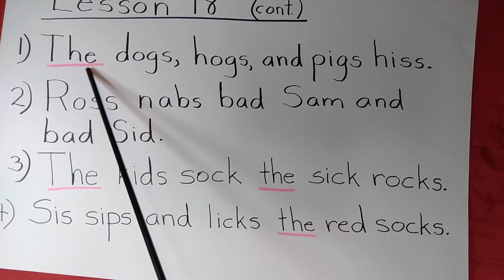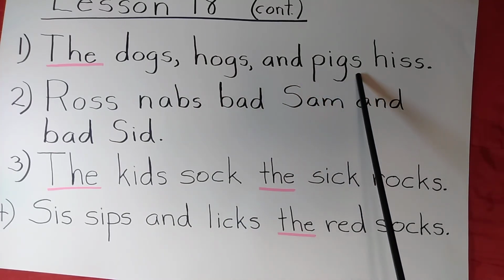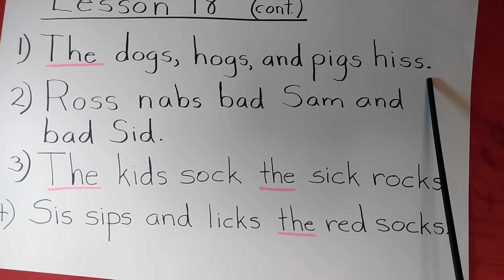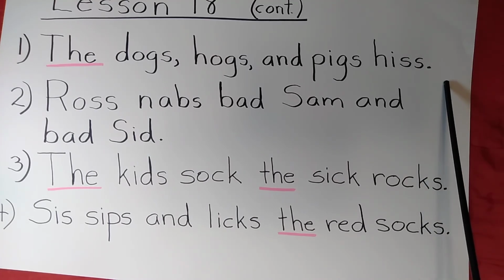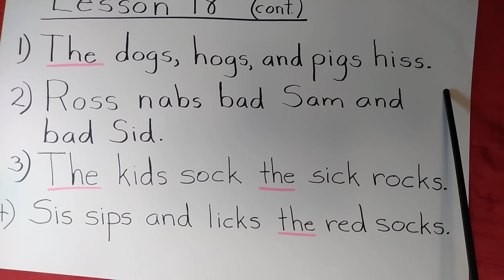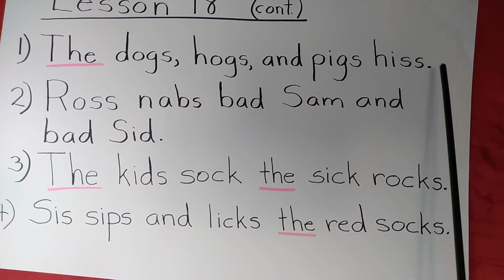My answers: the dogs, hogs, and pigs hiss. Well, the snake hisses. These other ones, I've never heard a dog hiss for sure. And I haven't been around pigs and hogs a lot, but I've heard them oink, not hiss. I'd say false.